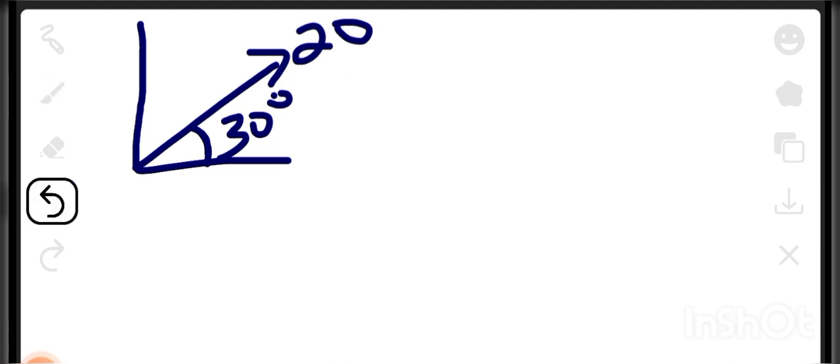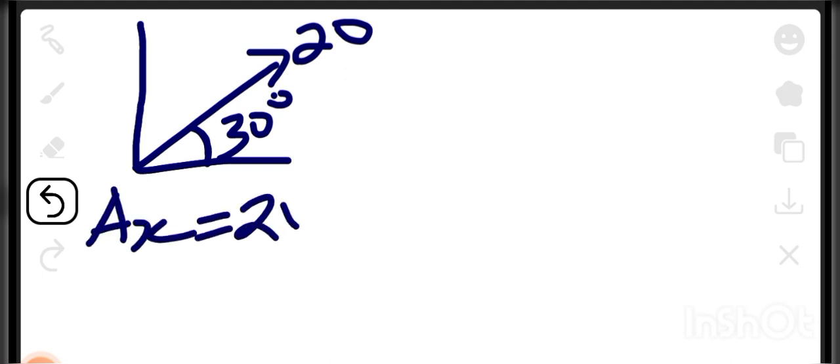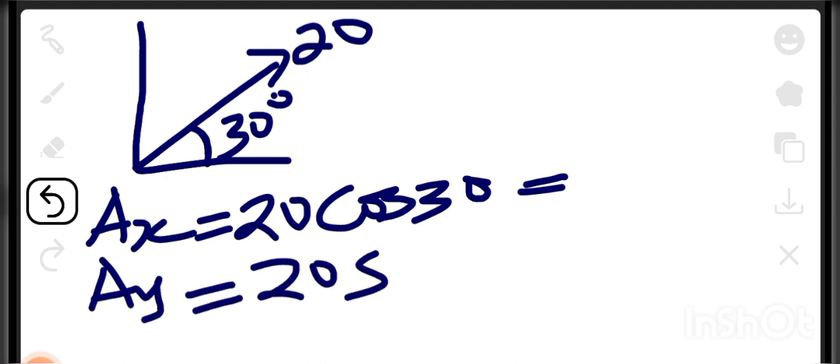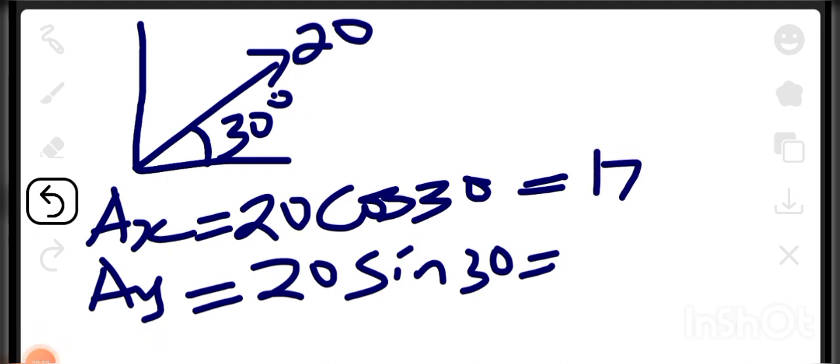The x component will be 20 cos 30. The y component will be 20 sin 30. Try and see if you can do this on your own. I'm just telling you the answers now. So this will be 17.3, and this will be 10. This is the x component, and this is the y component.